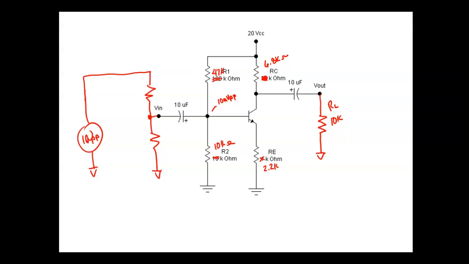So I got a voltage divider because they're saying we're going to put 1 volt peak over here. So let's say it's 1 volt peak. So what is this going to be? That is 10,000. And what's this one? 100.